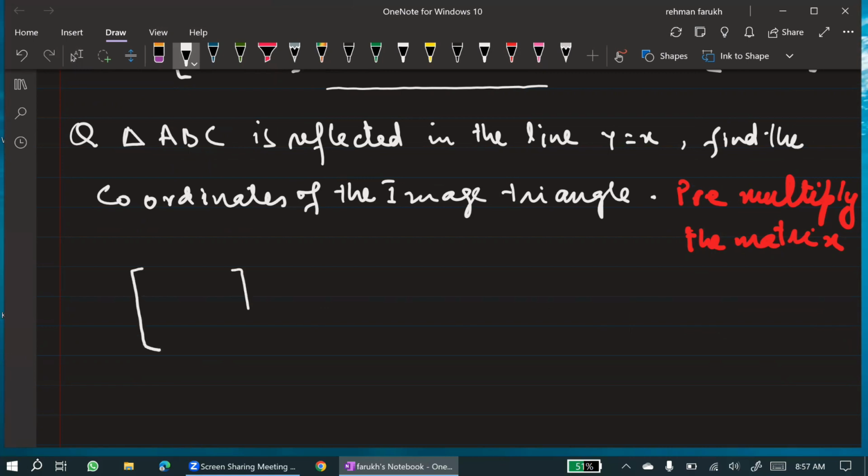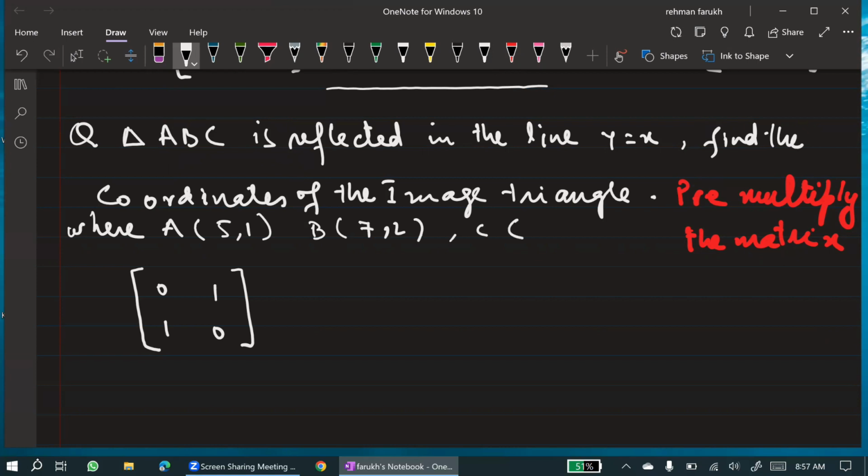First of all, we will write down the matrix, and the matrix is 0, 1, 1, 0. The coordinates of ABC are given. A is 5, 1. B is 7, 2. And C is 6, 4.